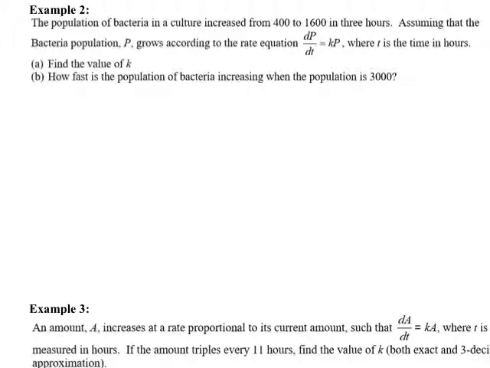Okay, the population of bacteria in a culture increases from 400 to 1600 in 3 hours. Assuming the population grows according to this differential equation, we need to find the value of k. We have the differential equation dP/dt is equal to kP, and because we memorized this from the first derivation, we can immediately say that population is initial value times e to the kt.